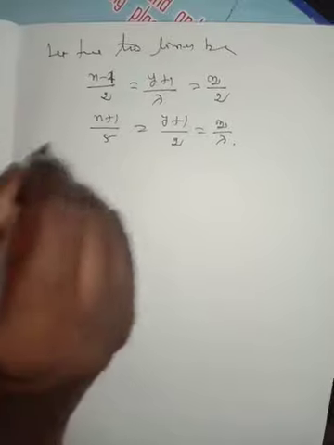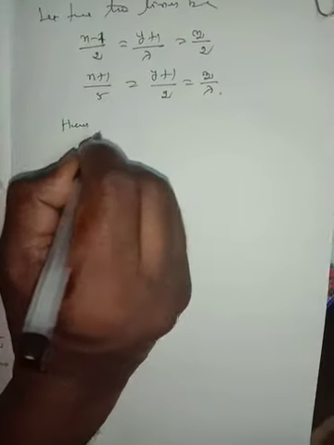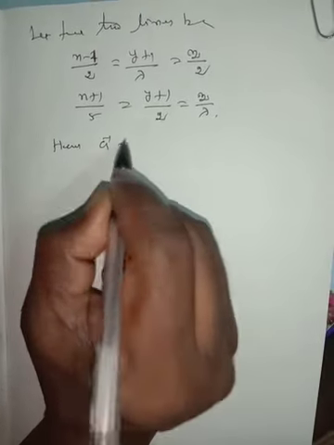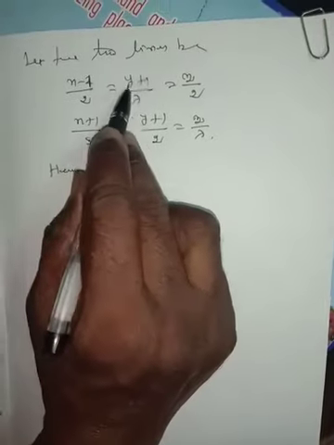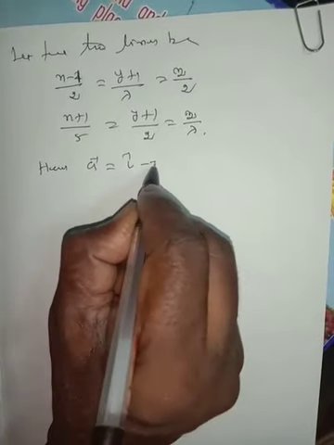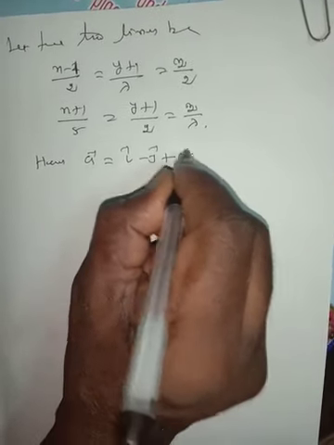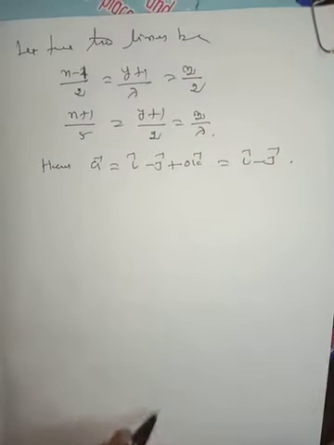Here a vector is the first line numerator: i vector, y plus 1 equal to 0 means minus j vector, plus 0k vector, which is i vector minus j vector.